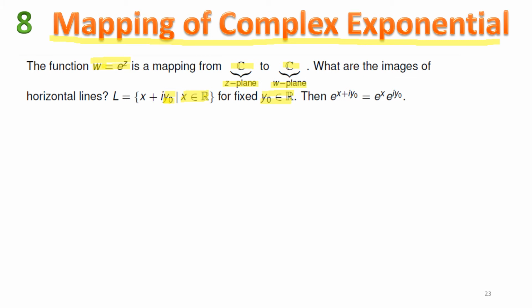We are interested in w, e to the z. So e to the z will be e to the x plus i y0, and this is the polar form, which represents a radial part e to the x, multiplied by e to the power i y0, where y0 is the argument, that is the angle made by the line with the real axis, and that remains fixed.